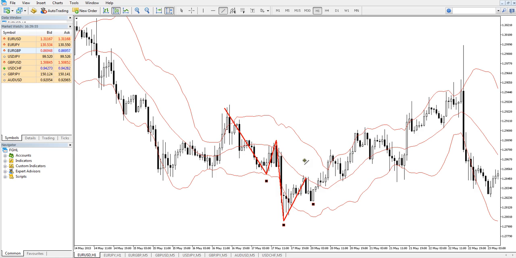And then we've got the second shoulder on the right hand side, and then the trade goes upwards. Now as you can see here, the second shoulder is not rejected by the bottom Bollinger Band. The first shoulder is here, the head definitely is, and then the second shoulder isn't.